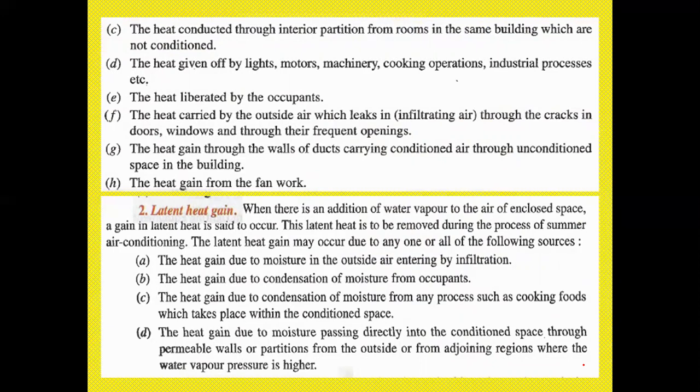Next, the third point is the heat conducted through interior partitions, whatever partition you have made for any room, from the rooms in the same building which are not conditioned.